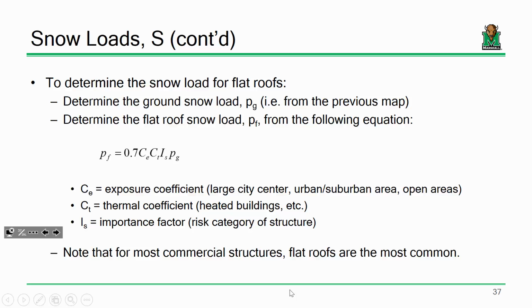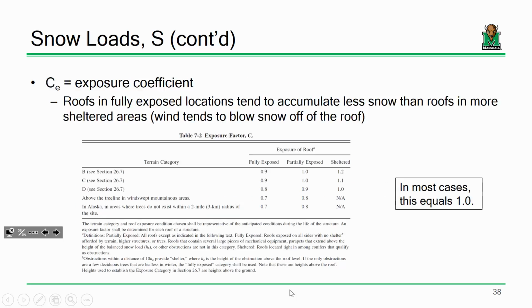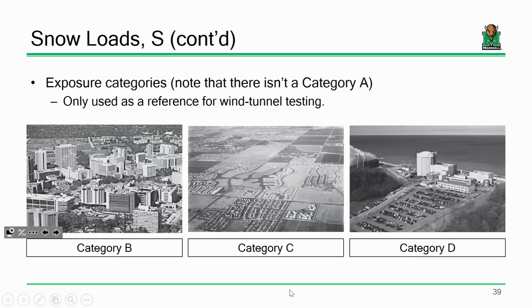And the last one is the importance factor, the risk category of the structure. The exposure coefficient, in most cases, equals 1, but it's dependent upon where your building is. We talked about exposure in steel as it related to wind. It also matters for snow, because what do you think wind does to snow? Blows it off the roof, right?